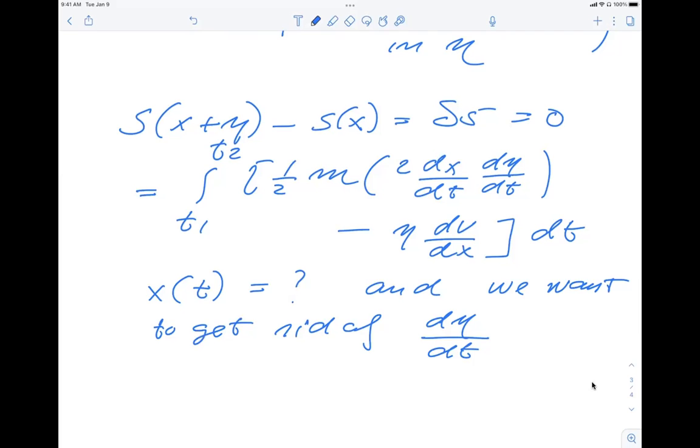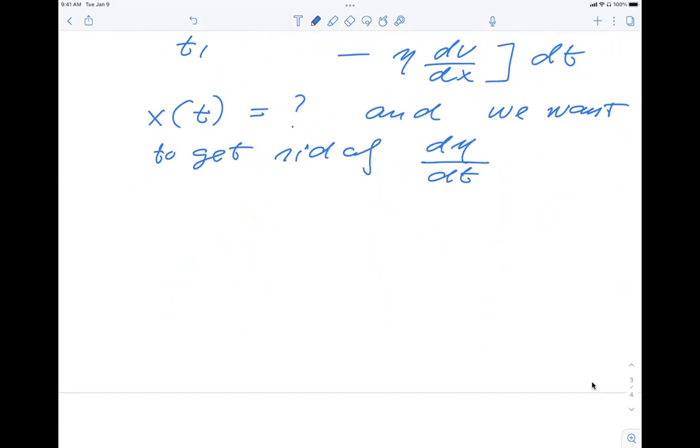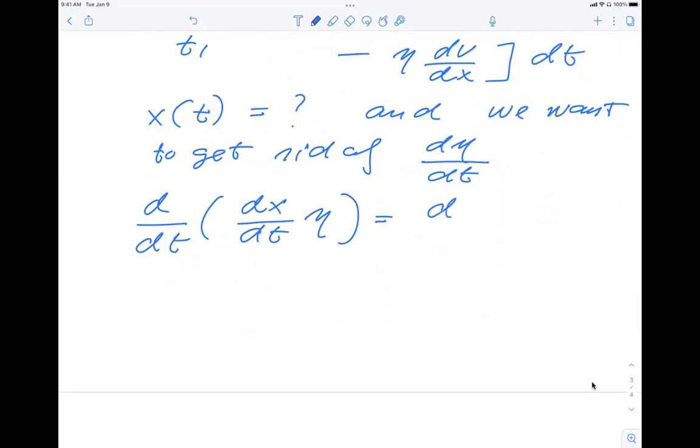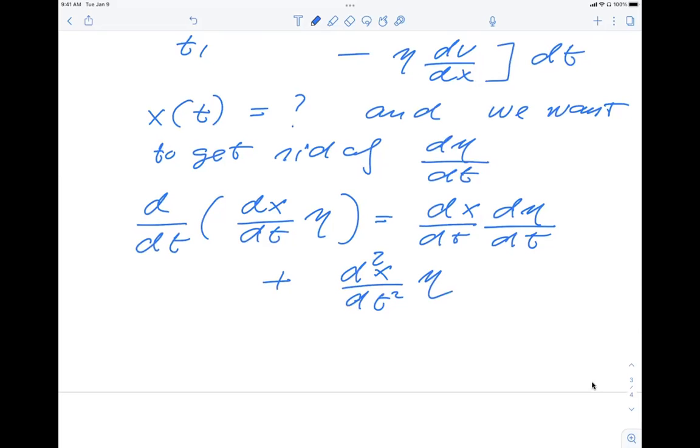Then what we need now is just a small trick. So we need to get rid of this term which goes like d eta/dt. In order to do that, we are going to look at how we define this one. So when we write it out, d/dt of dx/dt times eta is going to be given by dx/dt times d eta/dt plus the second derivative times eta. This is just the standard derivation rules, so there's nothing new here.